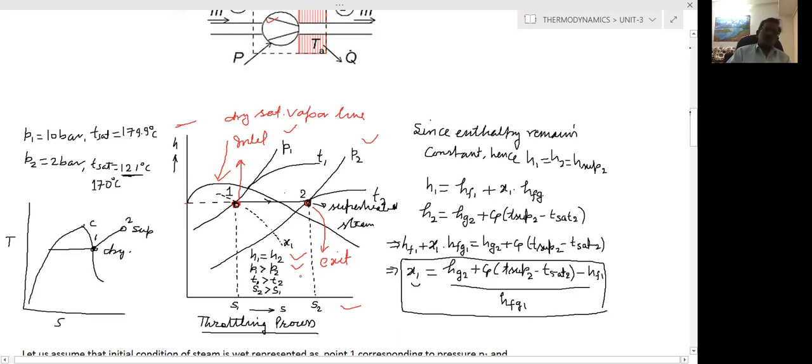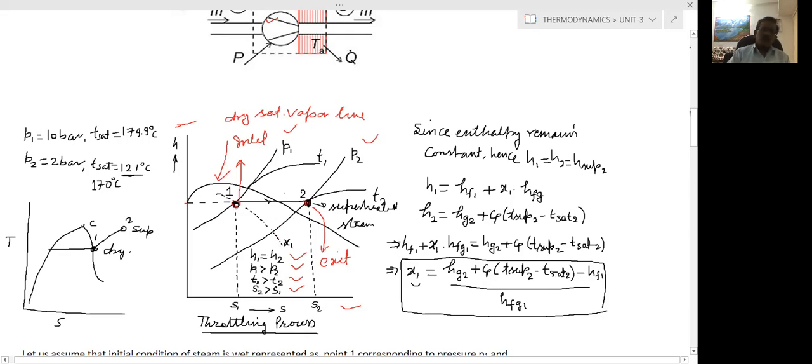Also, there is a temperature drop. Temperature will also decrease slightly, so T1 here is greater than T2. But when the fluid passes through this restricted passage, it will result in an increase of entropy. So here S2 is greater than S1. It means entropy will increase.